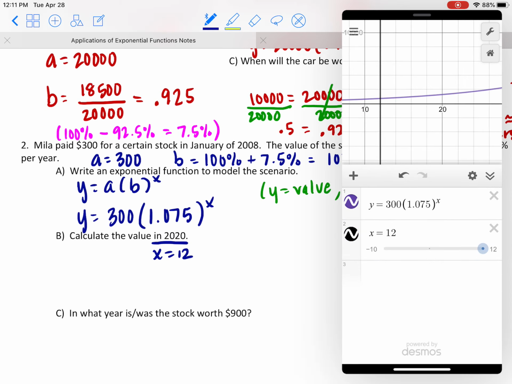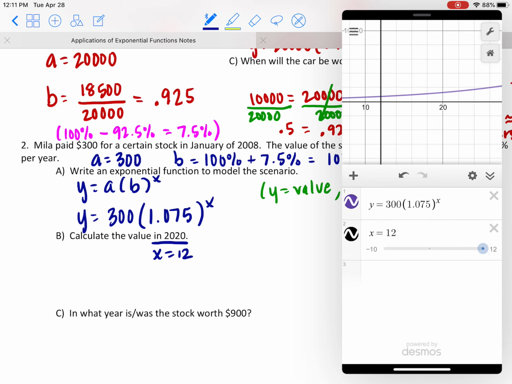It's just easier. So we have y equal to 300 times 1.075 raised to the x power. There's our function. Now what happens when x equals 12?